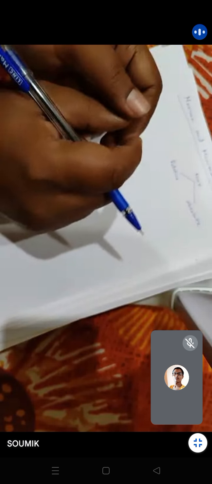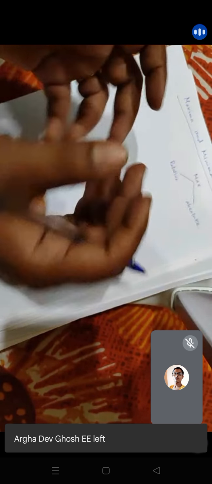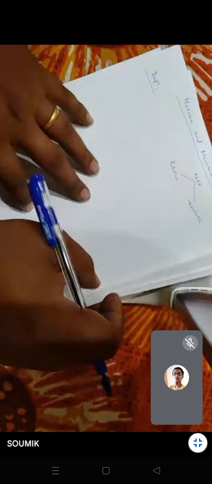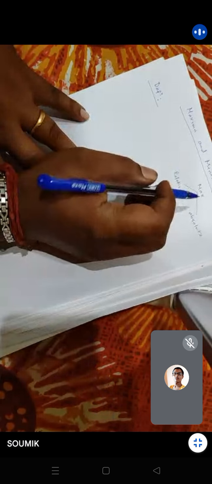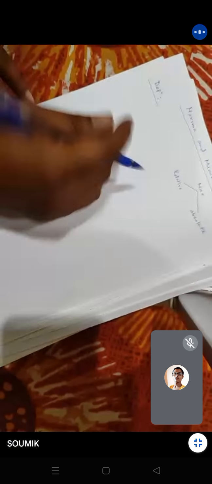So the term maximum is divided in two senses, the absolute maximum and the relative maximum.